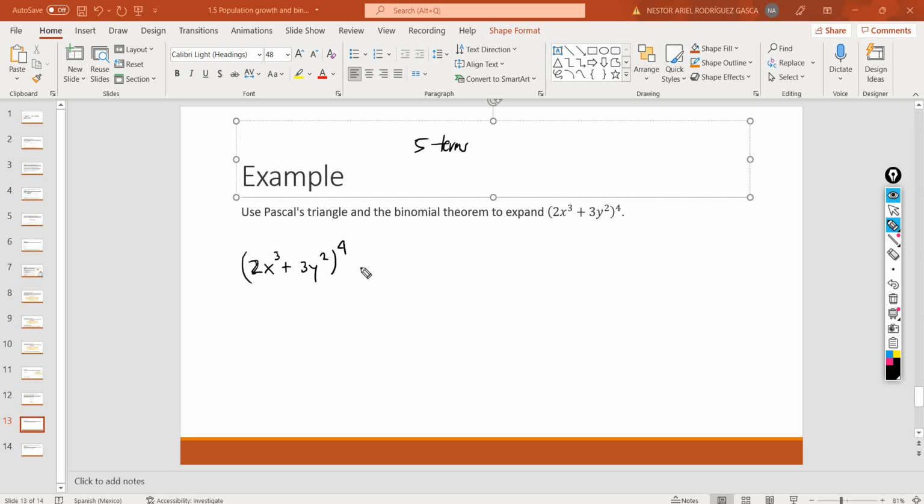Okay, and according to the binomial theorem, this is going to be equal to 4 choose 0, 2x to the cube to the 4. Just pay attention to it. This is according to the binomial theorem.